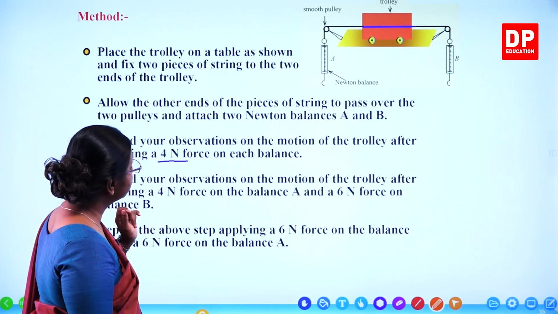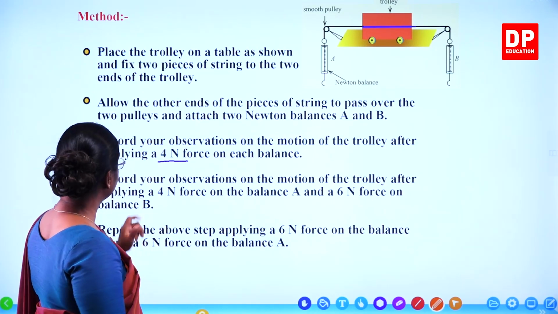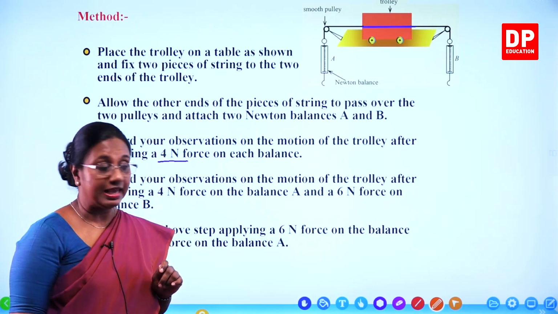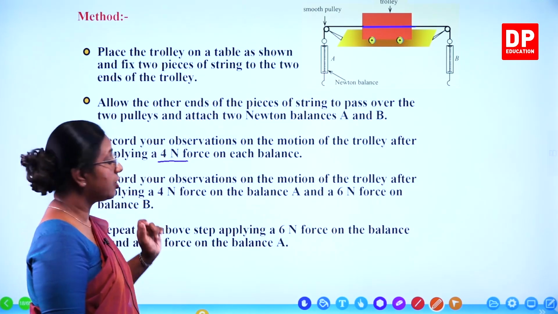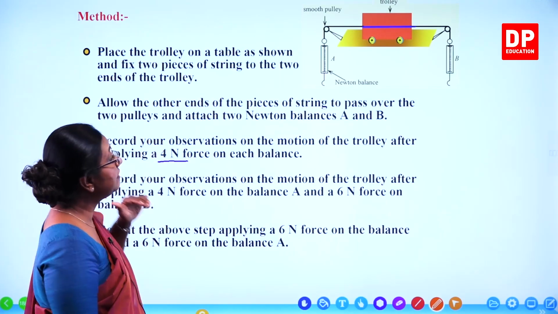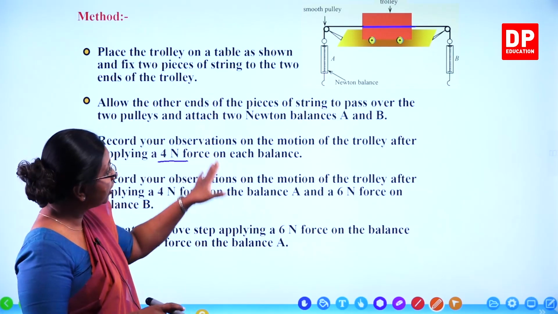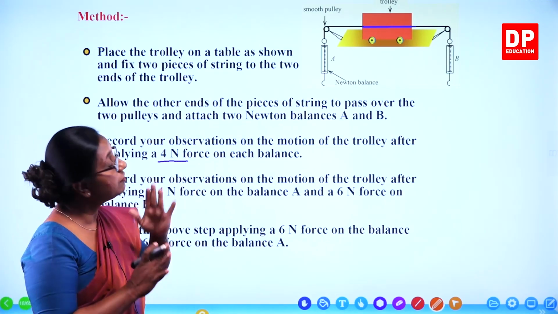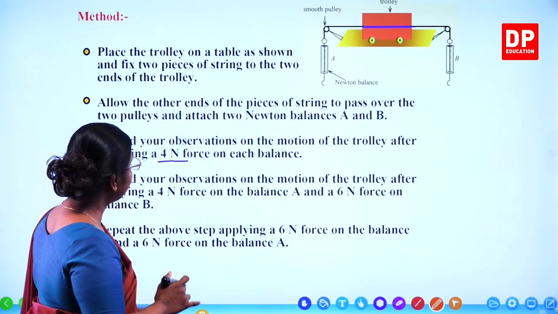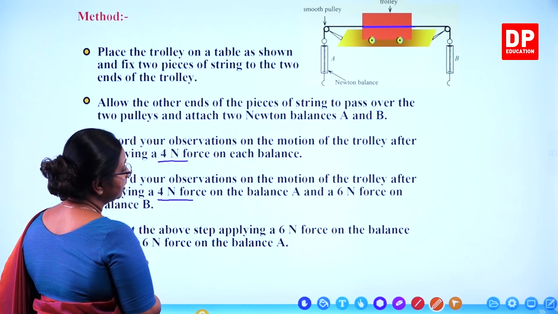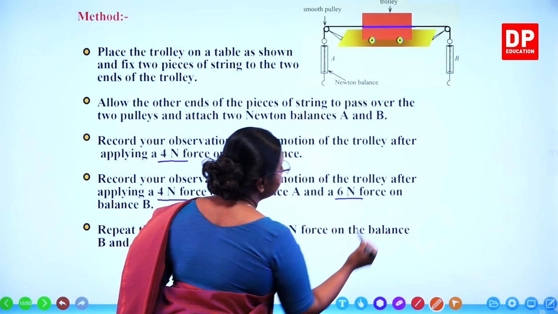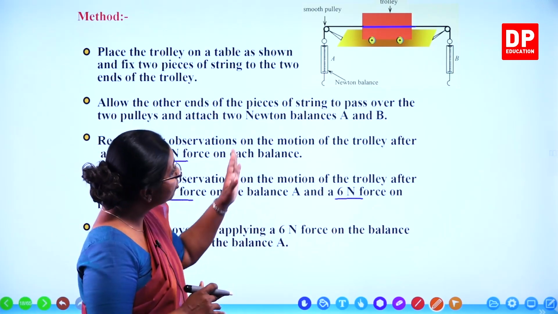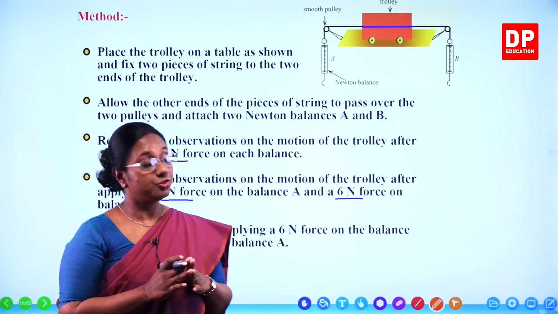Then record your observations on the motion of the trolley after applying a 4 Newton force on balance A and 6 Newton force on balance B. So here we apply equal forces, 4 Newton in A, 4 Newton in B. Then you have to observe what happens to the trolley. Then we apply 4 Newton for A and 6 Newton for B. Different forces, they are not equal. Then you observe what happens to the trolley.